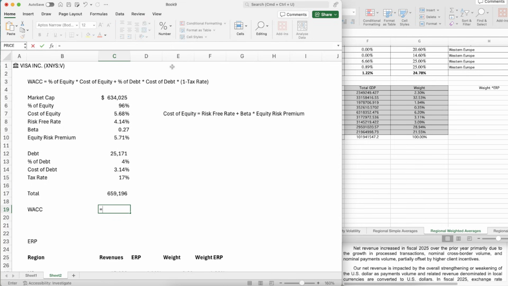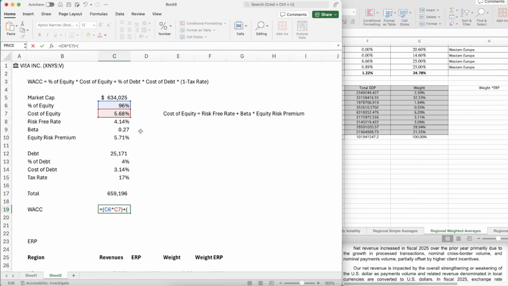So your WACC is, we do this formula here. Take our equity risk premium multiplied by the cost of equity. Actually, put these two in brackets.